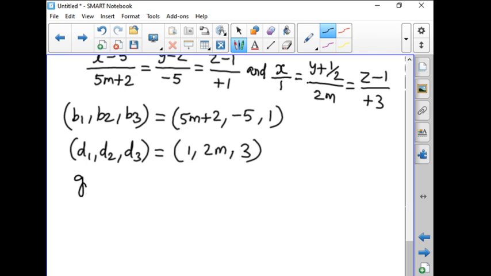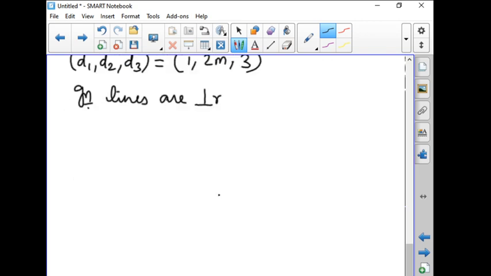The given lines are perpendicular. What is the condition for perpendicular? B1 D1 plus B2 D2 plus B3 D3 is equal to 0. So this is the condition for the given two lines to be perpendicular, isn't it?